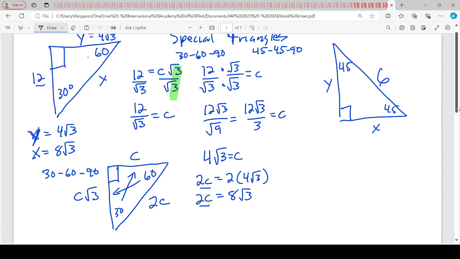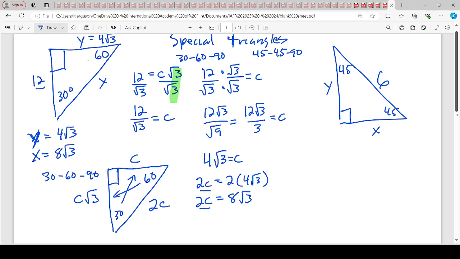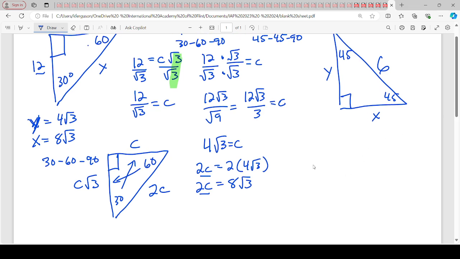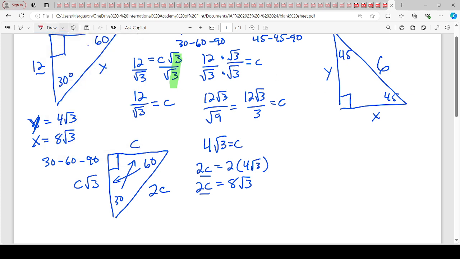Now I got a similar thing going on over here. So let's first talk about what we got. Let's do a few adjustments. Let's do this.